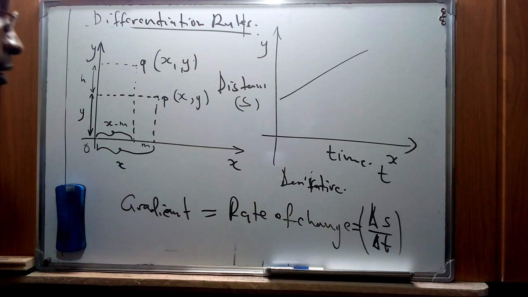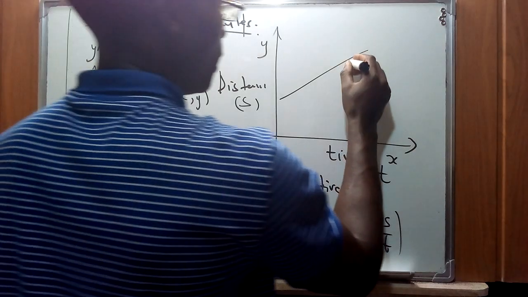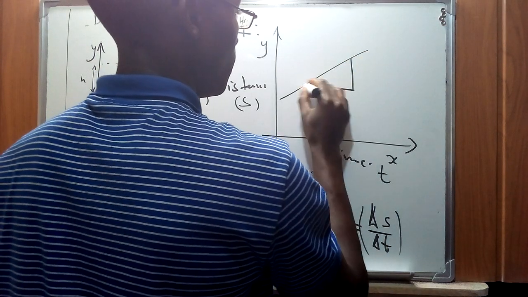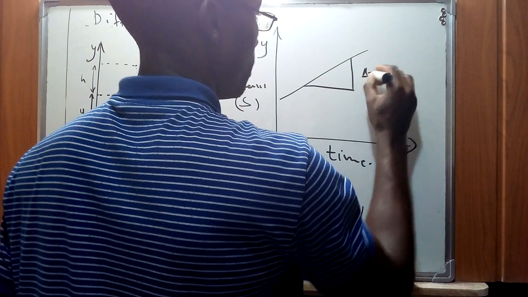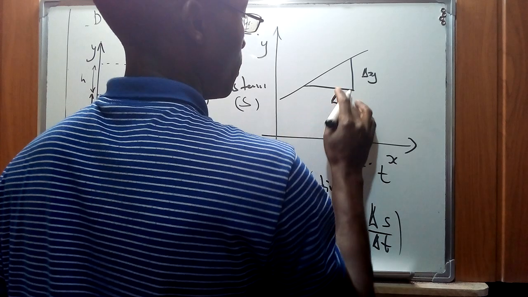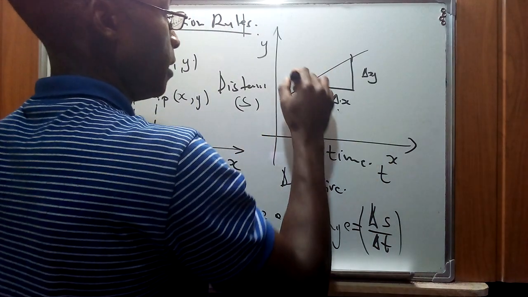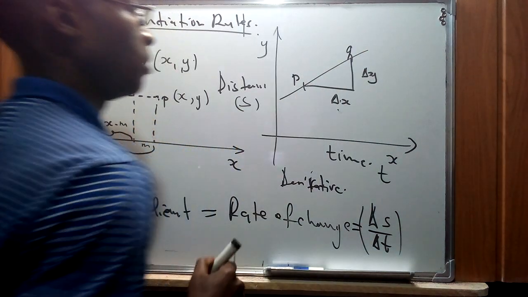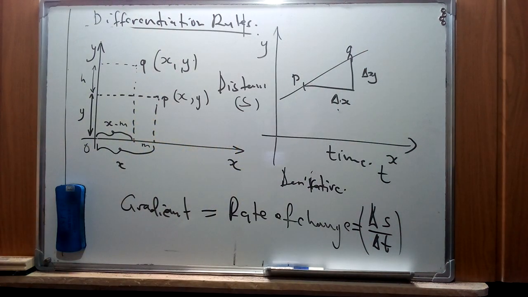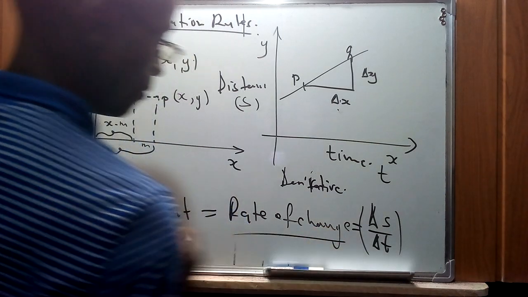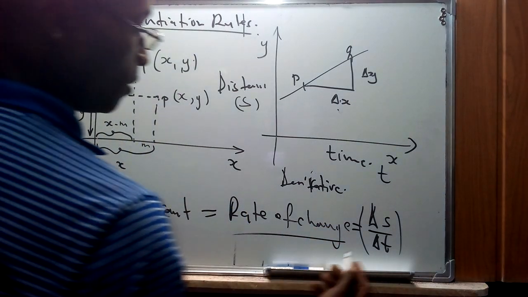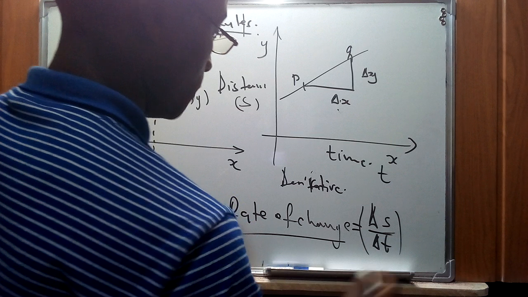And it refers to the change in the y-axis against the change in the x-axis, which is represented as such. So therefore, maybe that's from point P to Q. This one can be regarded as a derivative, or maybe the derivative of a distance with respect to time.